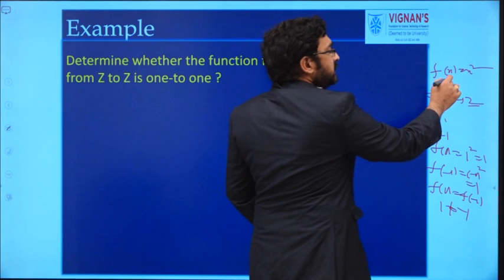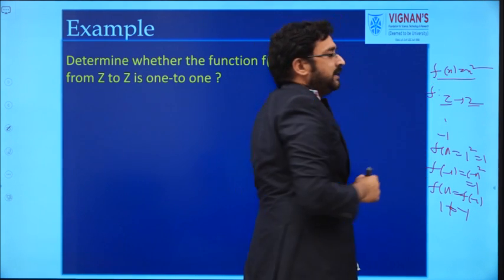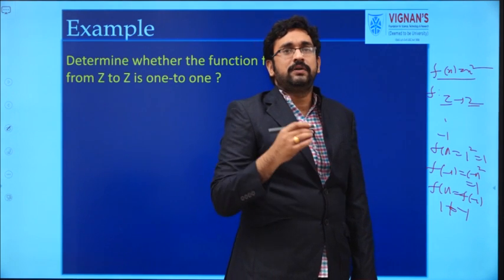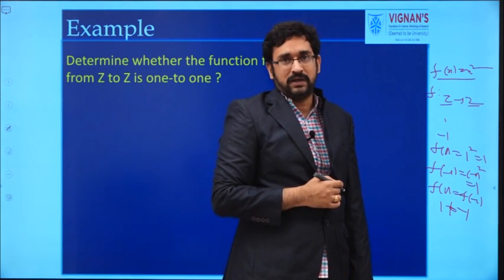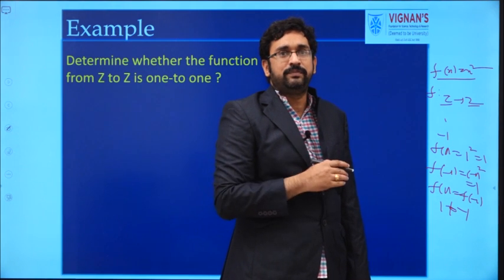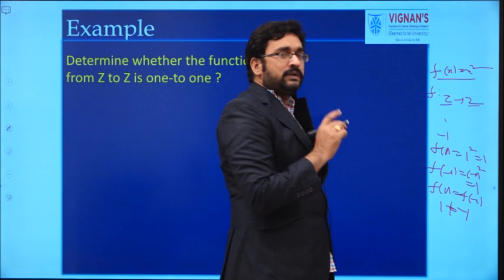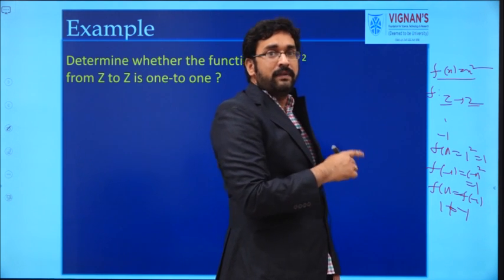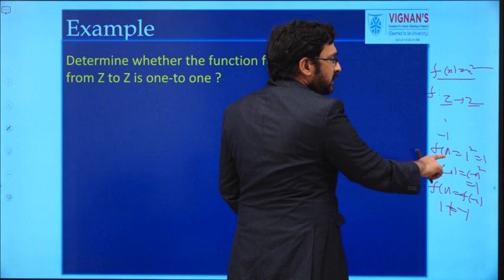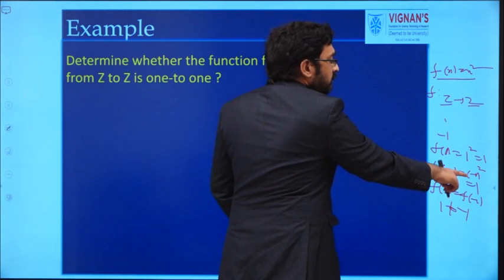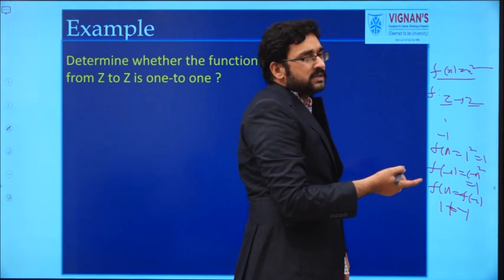So the given function f is defined as f of x equals x square from Z to Z, and we have to check whether it is 1 to 1 or not. Distinct elements should be mapped to distinct elements. For example, take two elements from the domain, 1 and minus 1. What is f of 1? 1 square, that equals 1. What is f of minus 1? Minus 1 whole square, that is also 1.